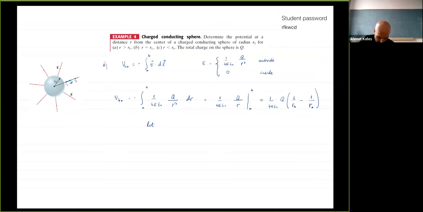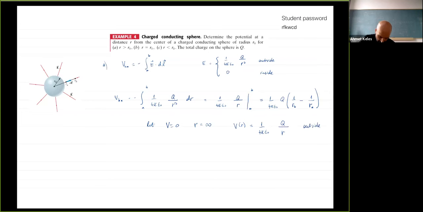We generally say V is equal to 0 at R equal to infinity. Then this term can be 0. Then for a general V of R, the potential is 1 over 4 pi epsilon naught Q over R outside.